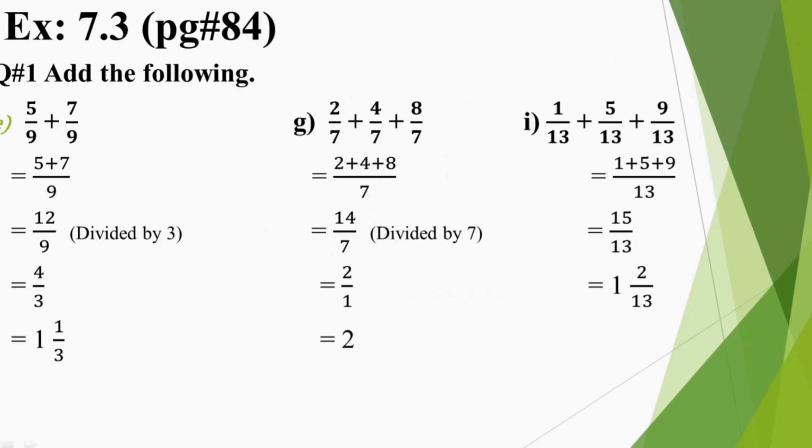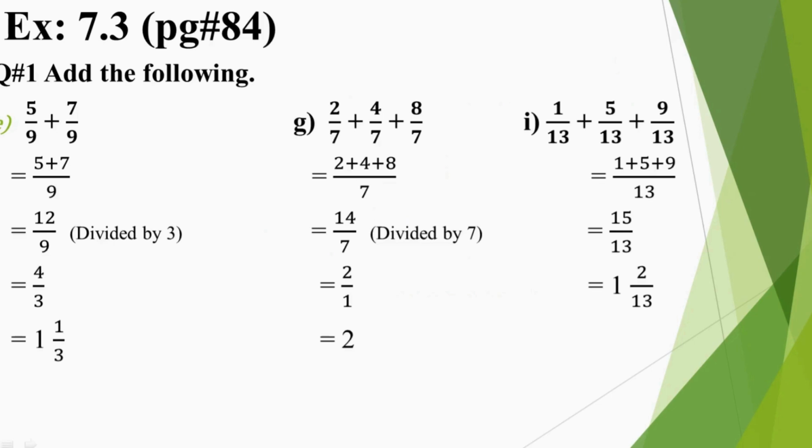In the first question, you have to open page 84, exercise 7.3, to add the following questions. You can see that part E shows 5/9 plus 7/9. So we have a common denominator, that is 9, and we just add the numerators, which becomes 12.